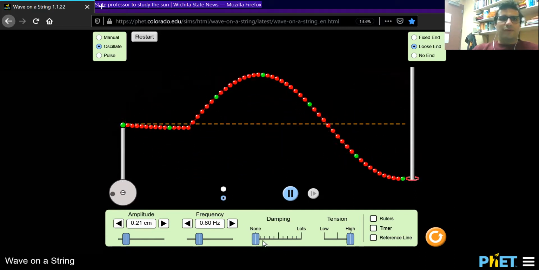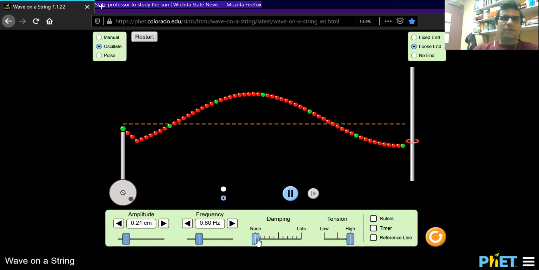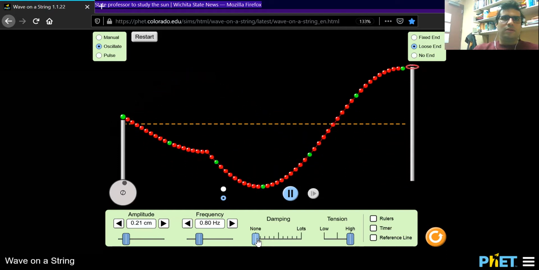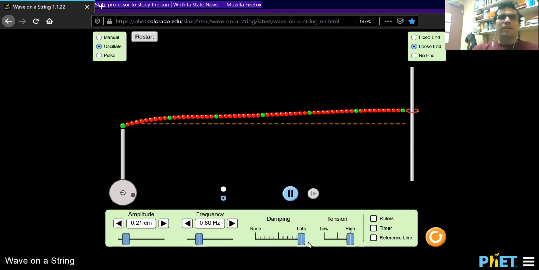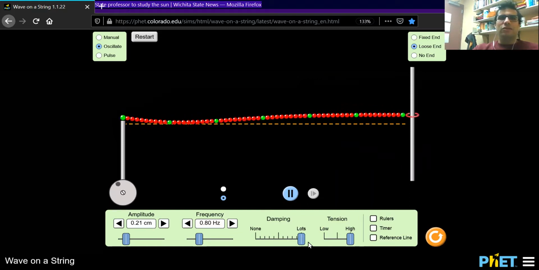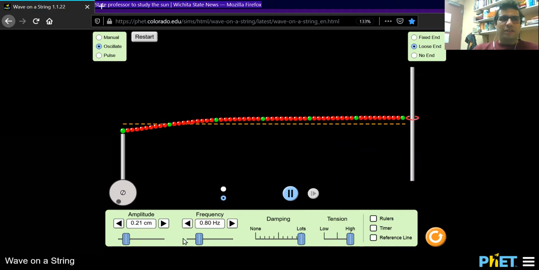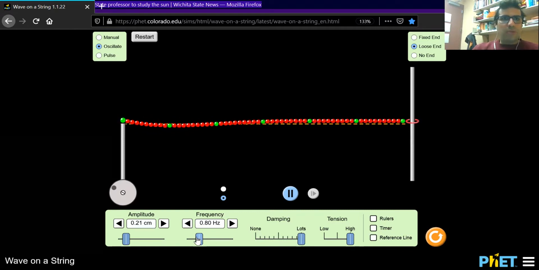Of course, what we have to do is, let's just damp it. Easiest way I can think of to do it. Let's change the frequency though. It turns out that with one loose end, the first frequency where you get this effect isn't 0.4, but it's actually 0.2.